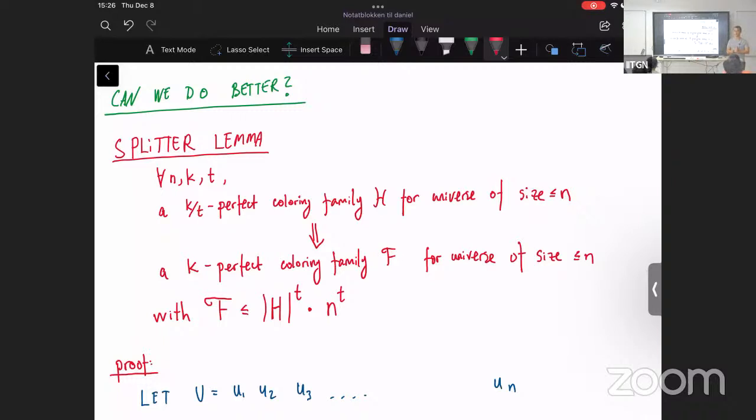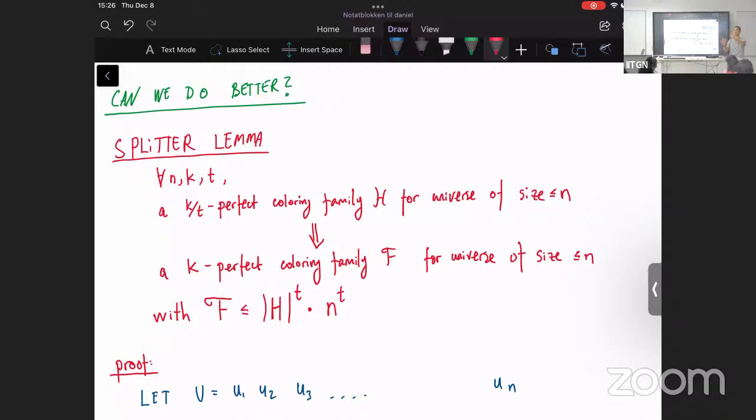So if I shrink the size of the sets I'm trying to color by a factor t, that corresponds to an exponent of t in the size of the family. And recall that I'm looking for families of size e to the k. So that is a trade-off I'm very happy to make, right?